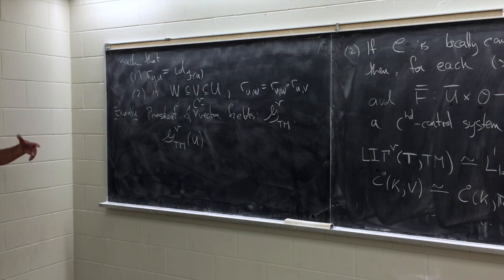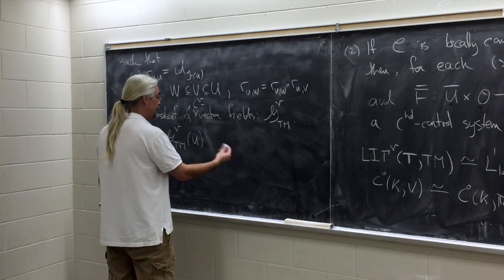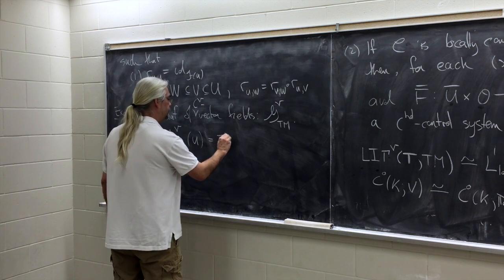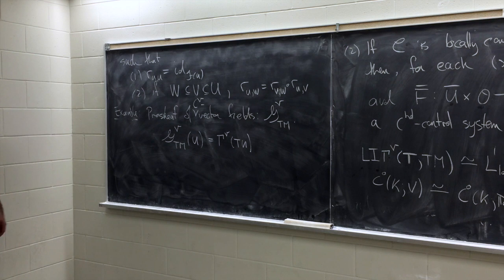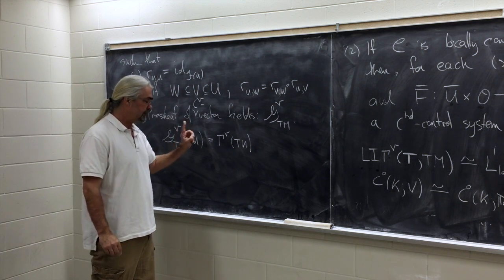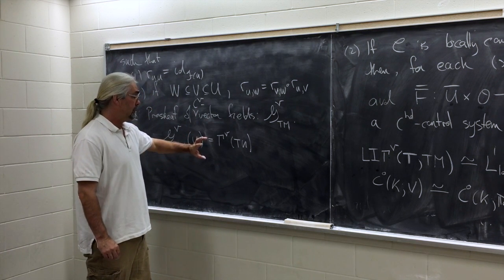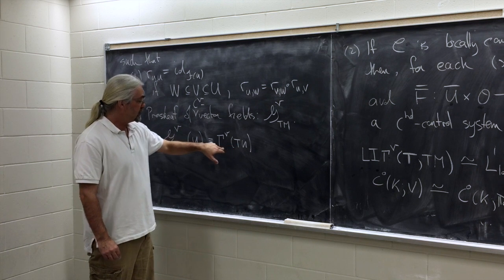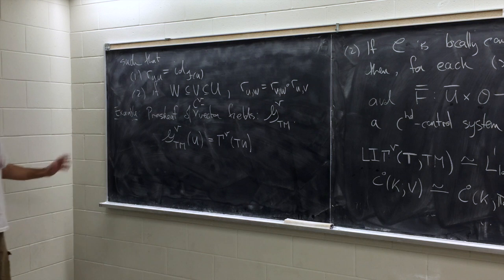The definition is simply that G^ν_TM of U, the set that I define corresponding to an open set U, is just the set of all vector fields on U. These are not vector fields on M, they are defined on U. So it's entirely possible that you'll have such a vector field which is not the restriction of a globally defined vector field.